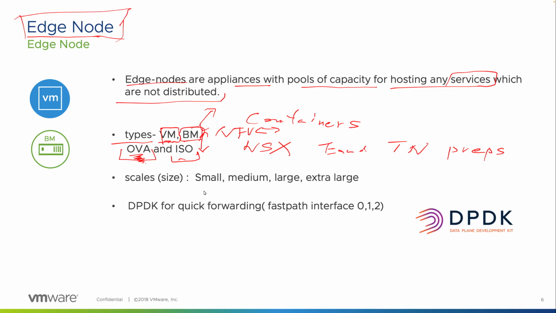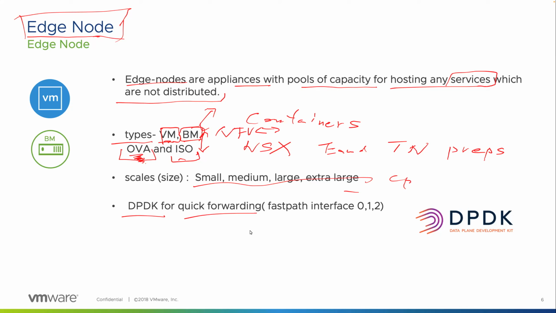For edge node, in terms of sizes, we have four sizes: small, medium, large, extra large, in terms of CPU and memory, or some other physical limits. We also have a DPDK concept here for quick forwarding.